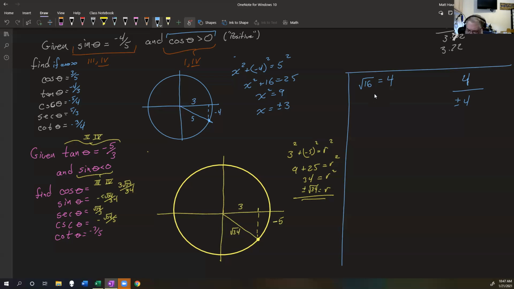So why do we get plus or minus when we do things like this? Well, that happens when we have x squared equals 16. How do we solve x squared equals 16? What do we do mechanically? Square root of both sides. Perfect. So we take the square root of both sides. Great.